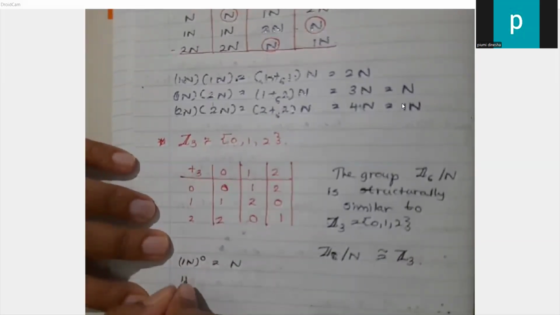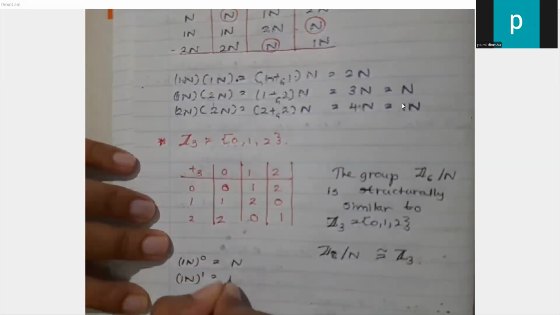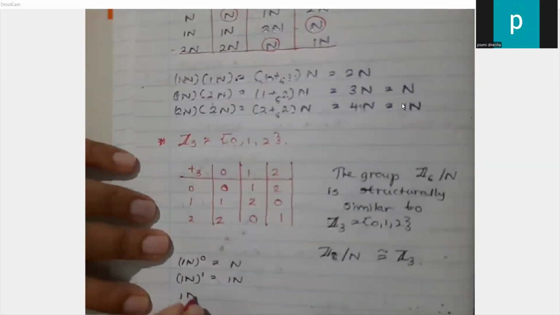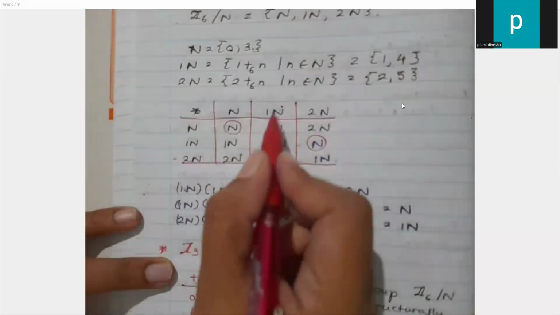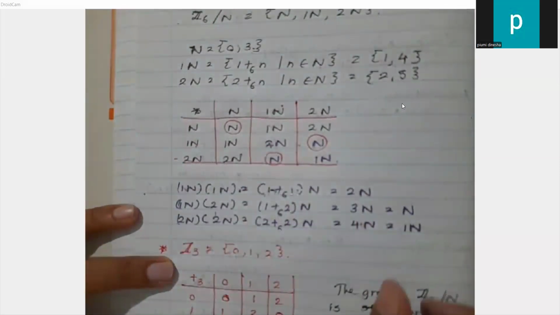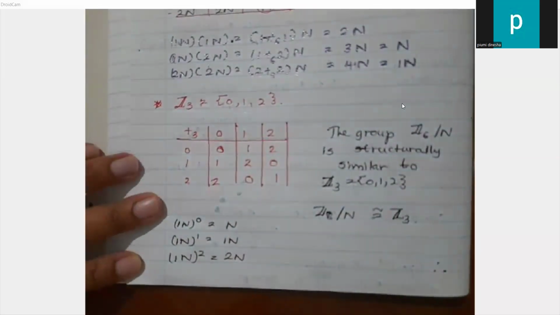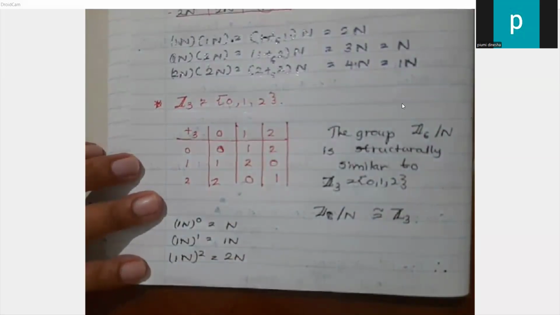And then 1n to the power of 1 gives you 1n. 1n squared, that means 1n times 1n, gives you 2n. 1n cubed means 1n times 1n, which is 2n, times 1n, which is once again n.